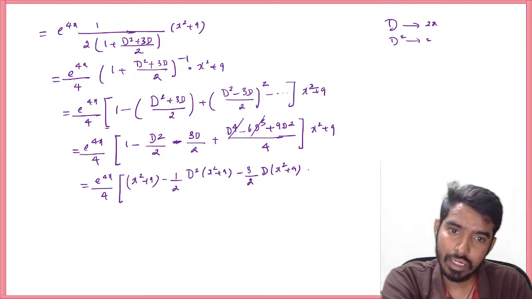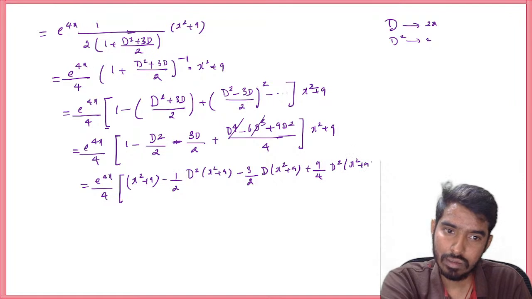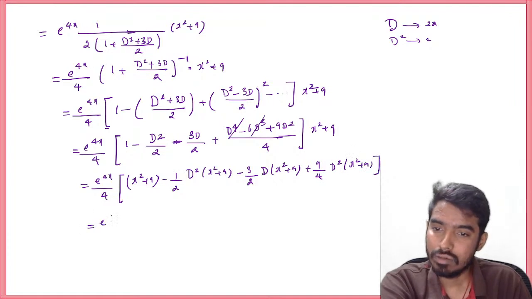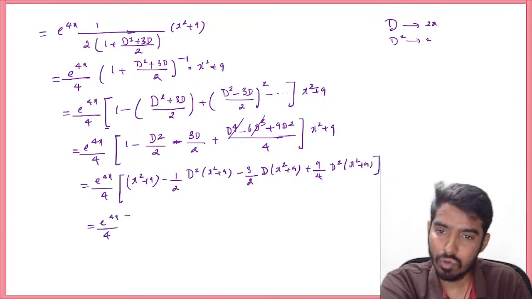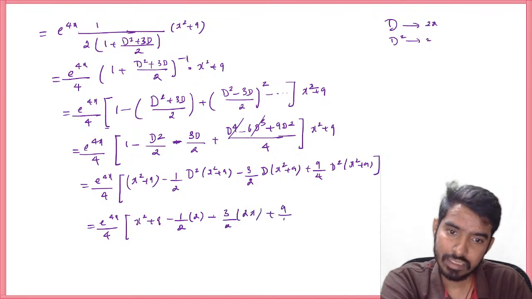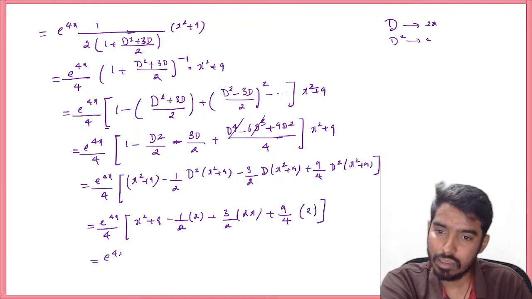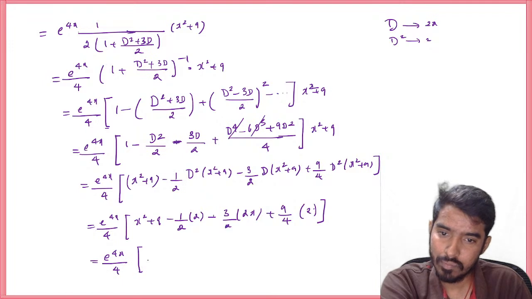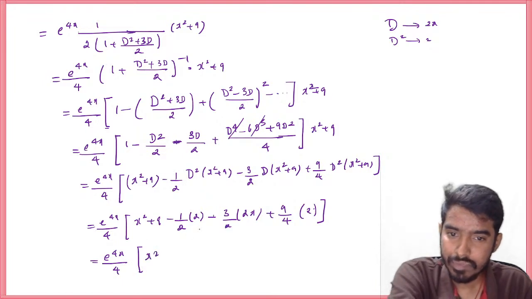And here we have one term which is 9 by 4 d square of x square plus 9. This will be e power 4x by 2, x square plus 9 minus 1 by 2 d square of this will be 2, minus 3 by 2 d of this is 2x, plus 9 by 4 d square is 2.